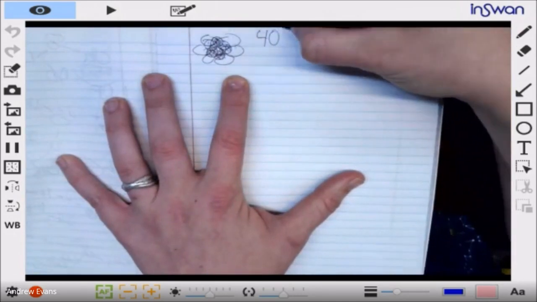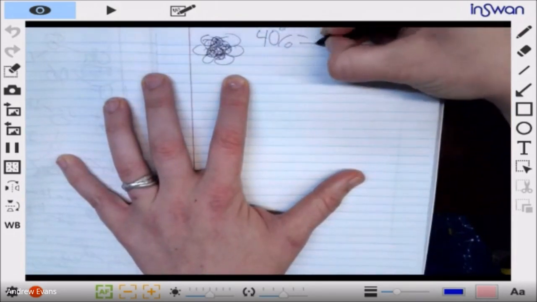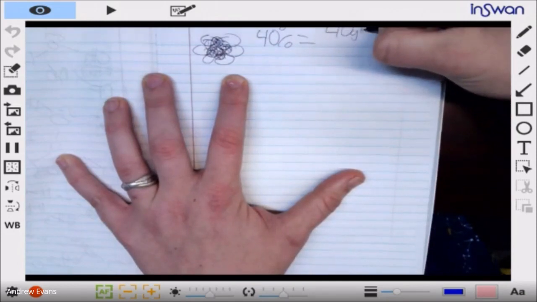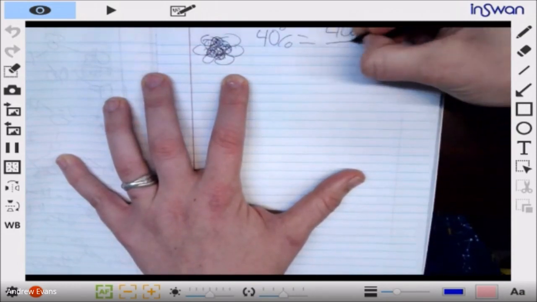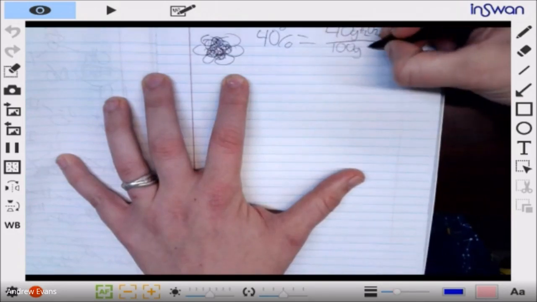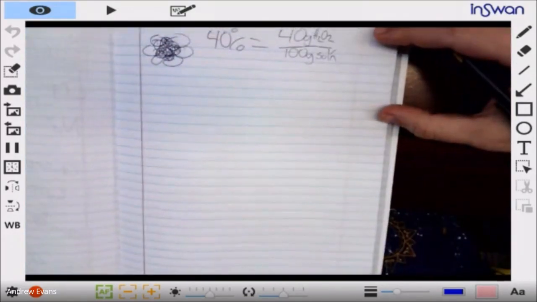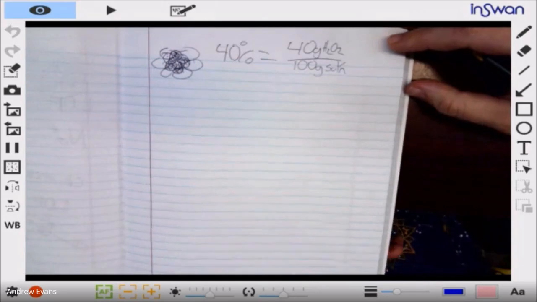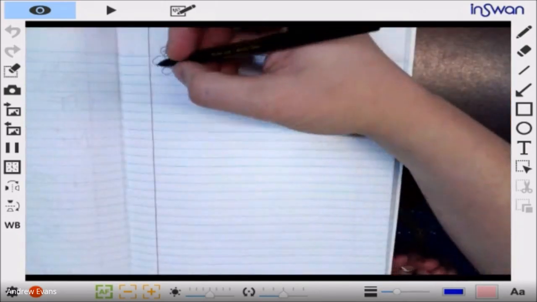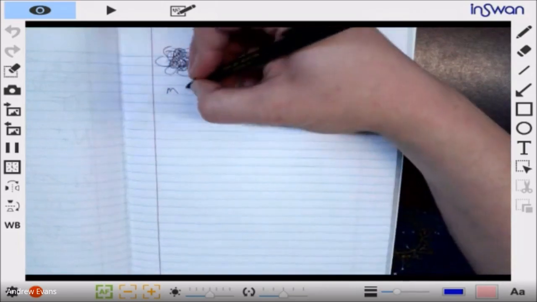40% by mass means we have 40 grams of peroxide per 100 grams of solution, times 100 to give 40%. To get molality is easy.